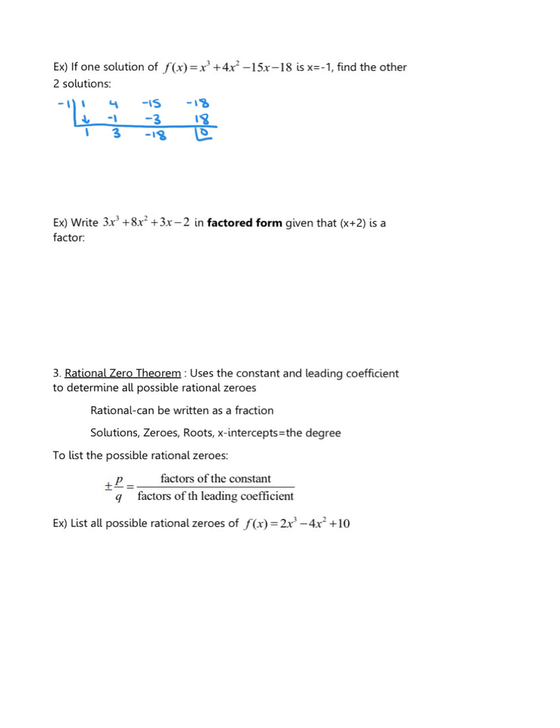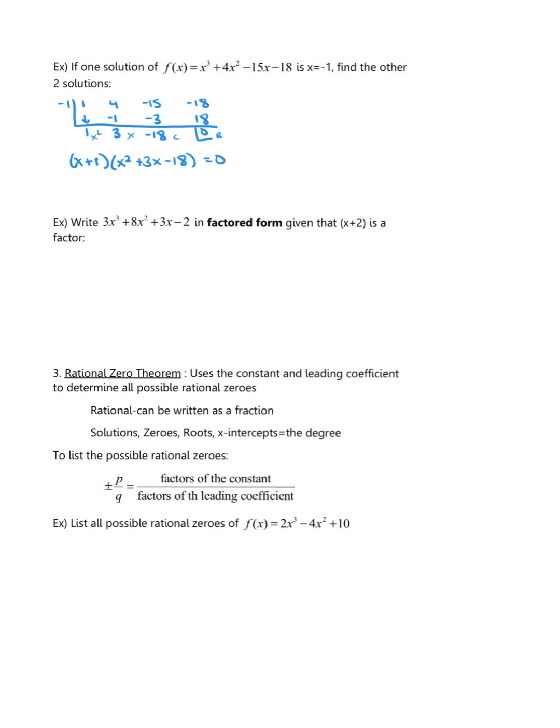So we're going to find the other solutions by factoring. So we're going to have f of x equals x minus negative 1 times the quotient, 1x squared plus 3x minus 18.